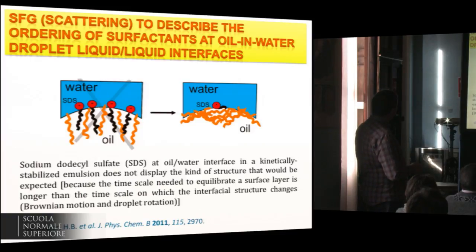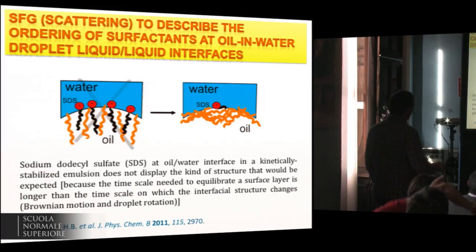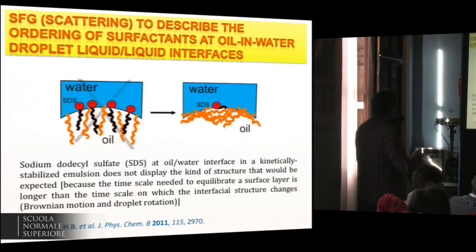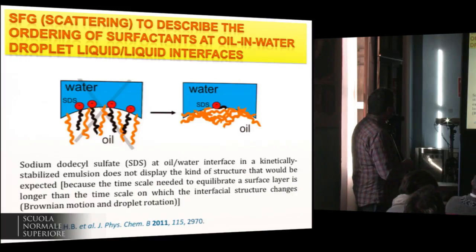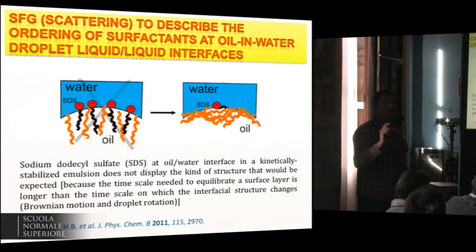You have the polar head, and then you have the alkyl chain. But in fact, this is not what has been found by using SFG. This is the picture that they arrive at, the conclusion that this should be the organization, simply because there is a competition between the organization of these molecules and the Brownian motion.